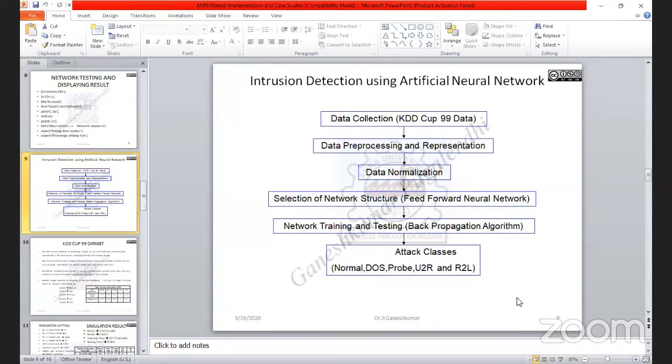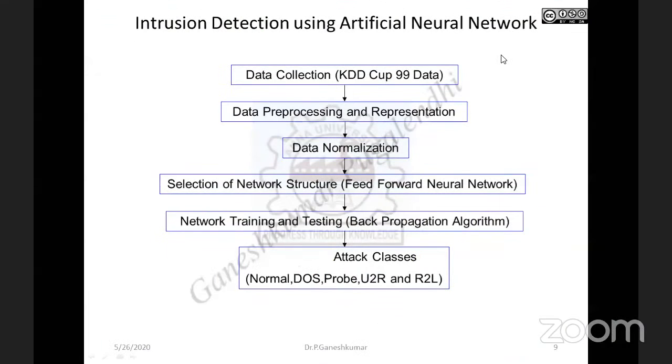The first case study is how to use an artificial neural network program for detecting intrusions. This is one flow chart. You need to collect the data. For this simulation, KDD Cup 99 data is taken.